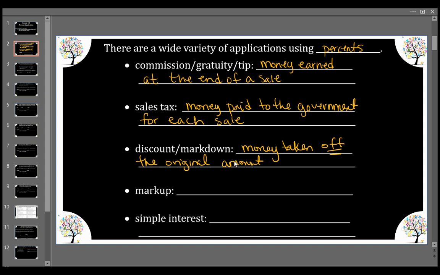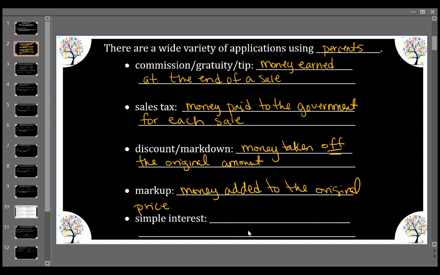Markup is money added to the original price. So if you are a retailer, a store owner, and you buy products for your store, you are going to mark them up so you can make a profit.